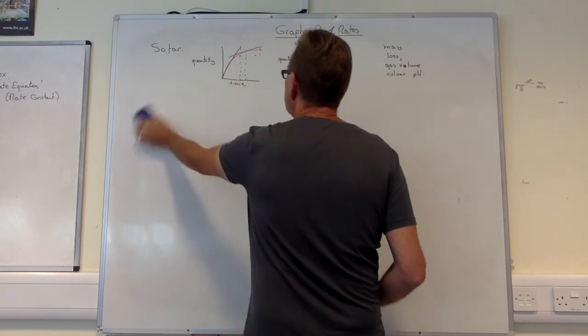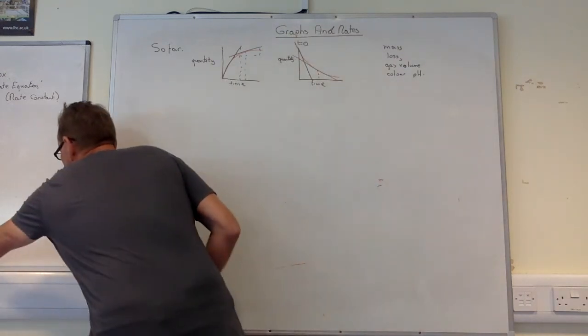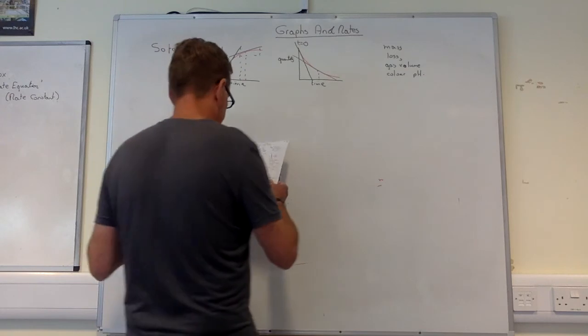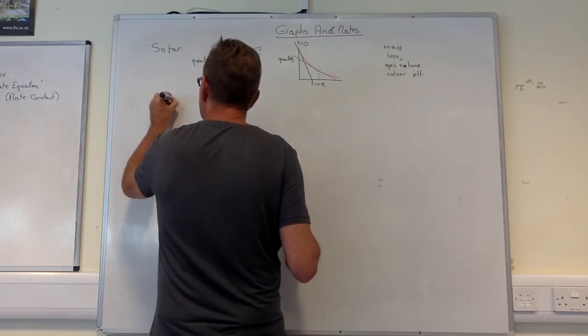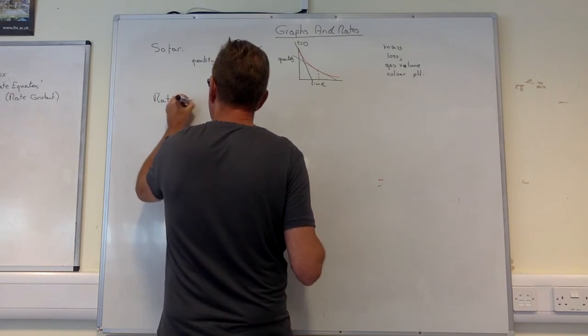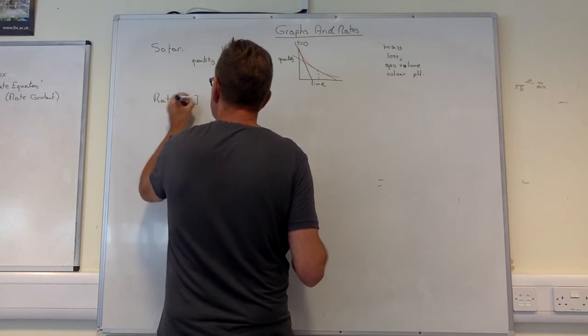Let's have a look at the second set of 3 graphs, and these are called rate concentration of X graphs.